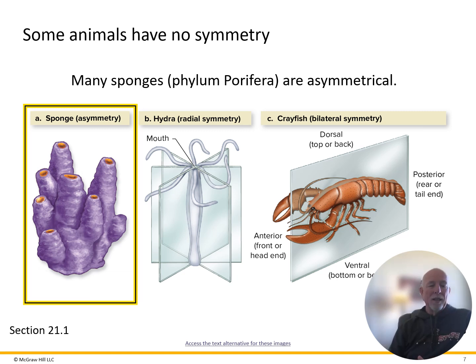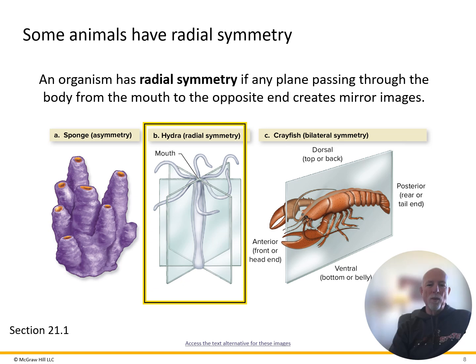Sponges really don't have a symmetry. They have asymmetry. There's no specific symmetry with sponges. But look here at some of the higher organisms like a hydra, or think of a jellyfish or a sea star. They have what's called radial symmetry.